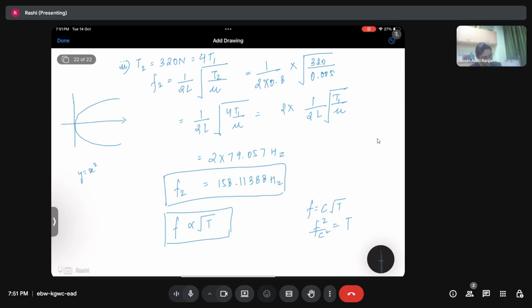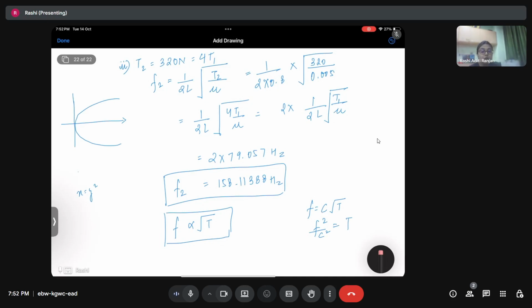But we need x is equal to y square. Yeah, this is for x is equal to y square. Okay, but we want it to be f square. Like I want tension in terms of f square. So how are we going to plot?